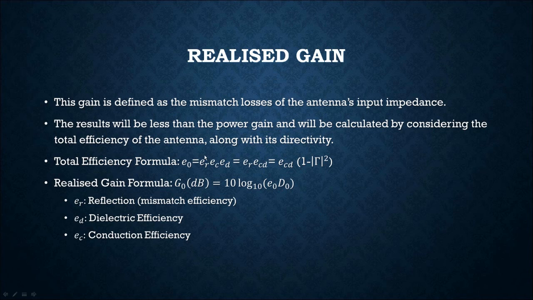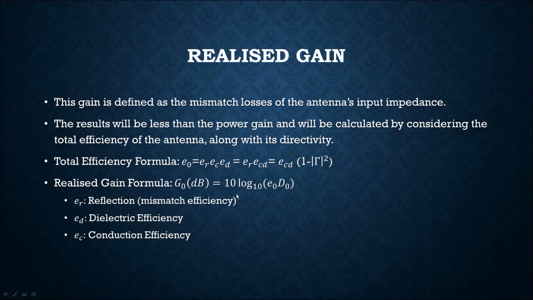And so the total efficiency formula, as you can see, is this equation right here, where this term is the reflection mismatch efficiency. This term right here is the dielectric efficiency. And then you also have the conduction efficiency.